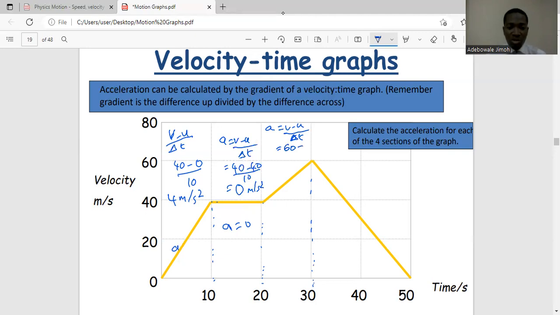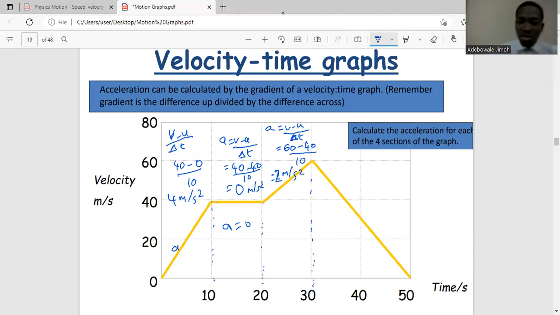U is 40. 60 minus 40. What's time taken? 30 minus 20 divided by 10. Yeah, because 30 minus 20 gives us 10. So I put 10 here. 60 minus 40 is 20. 20 divided by 10, that will be 2 meters per second square.